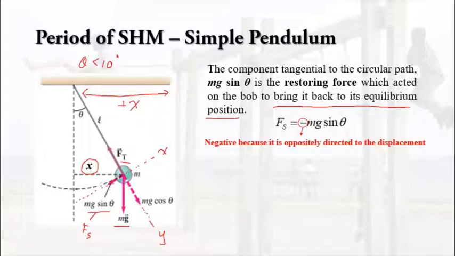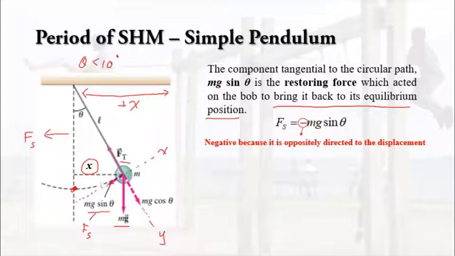Whenever your object is located on the positive x side, the restoring force will always point to the left, because the restoring force goes back to the original position, and the original position is located on the left-hand side of the object. Therefore, the restoring force is always a negative force.